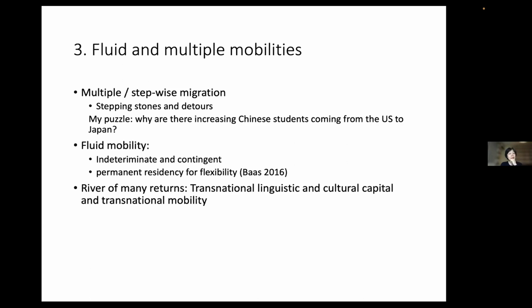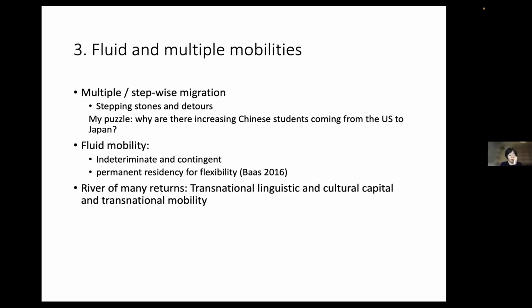Some students will also go on an exchange program for some time, and then if they like that place, they decide to go, and they will try different exchange programs to find a place they like. I think with the infrastructure for international education there, this has become much easier, and the mobility has also become increasingly fluid.